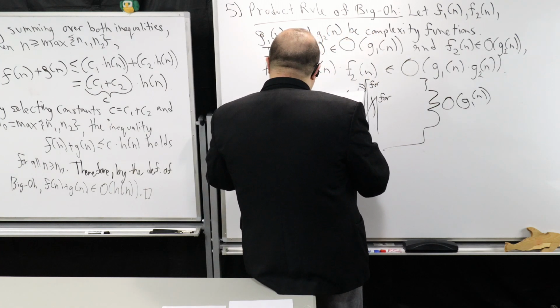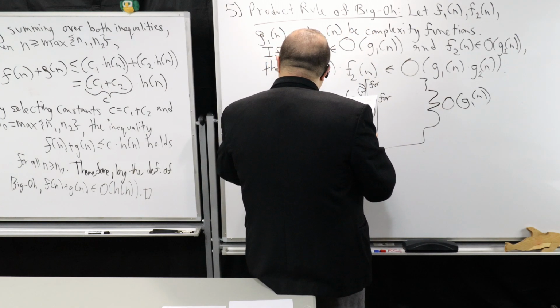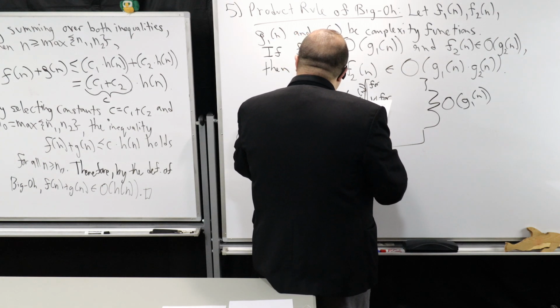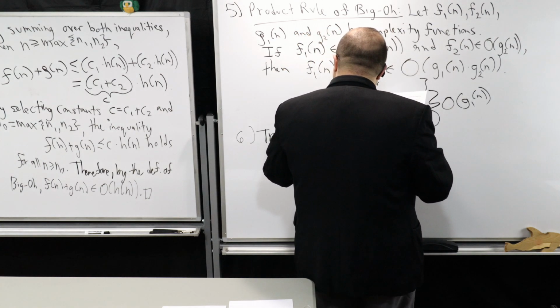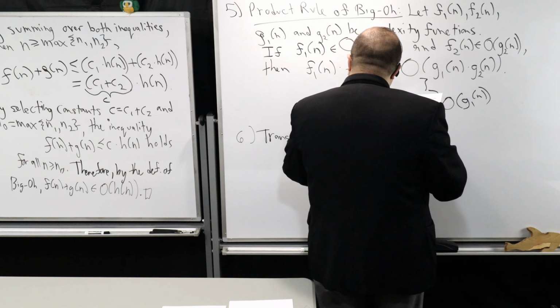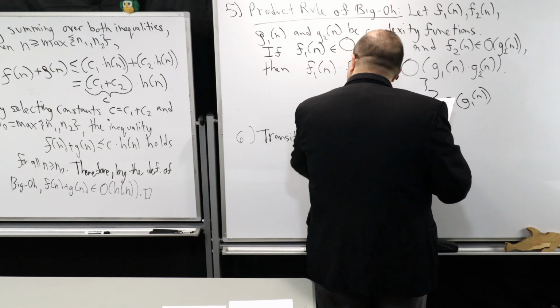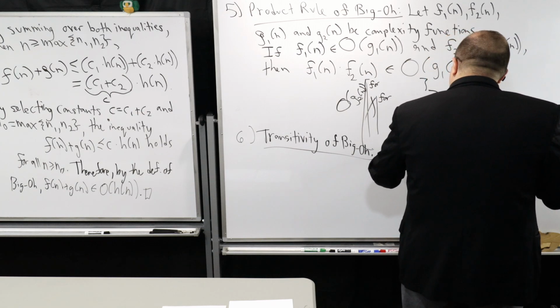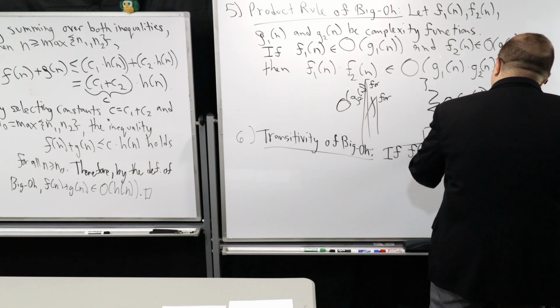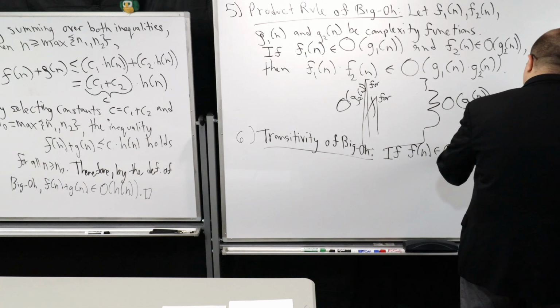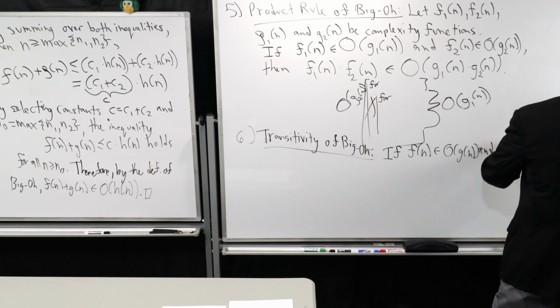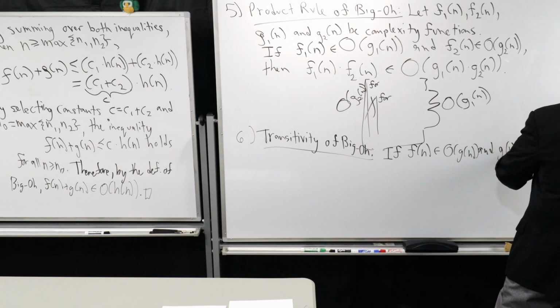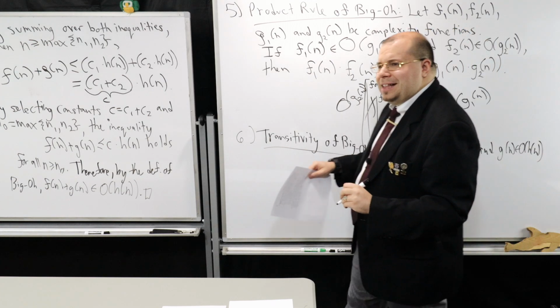Okay, so first, it's worth noting that big O is transitive. So the transitivity of big O, all I'm saying is that if you know that F is big O of G, and G is big O of H, I'm hoping that's not going to be cut off on the board.